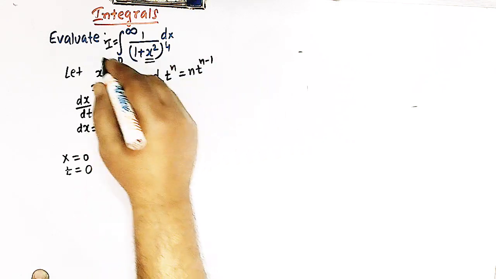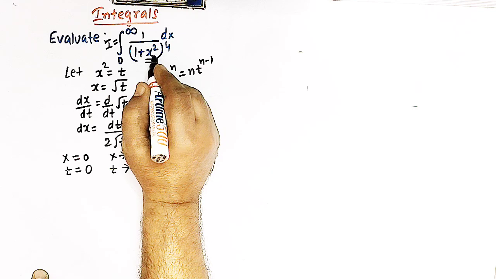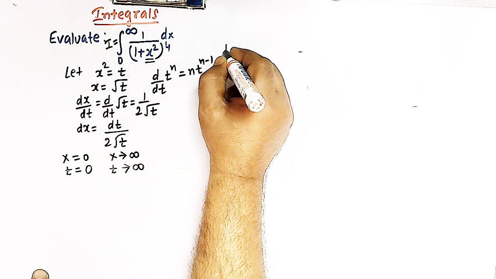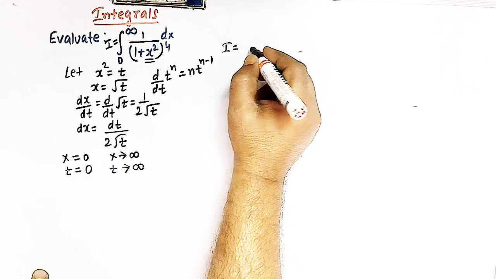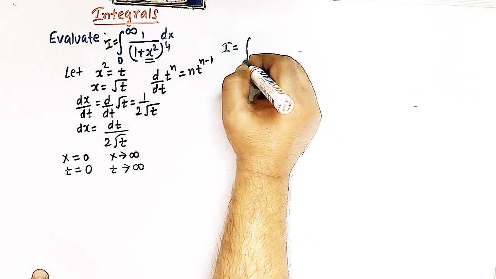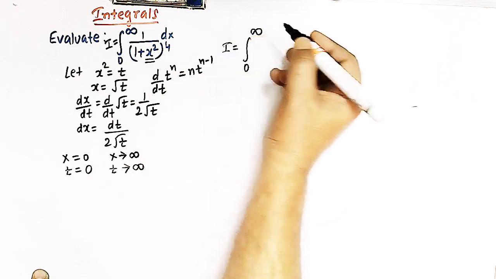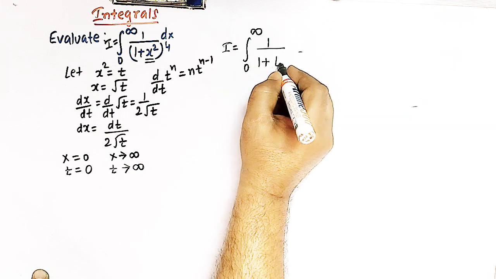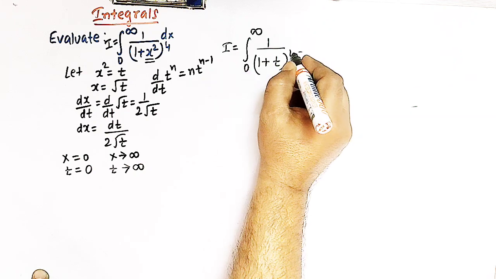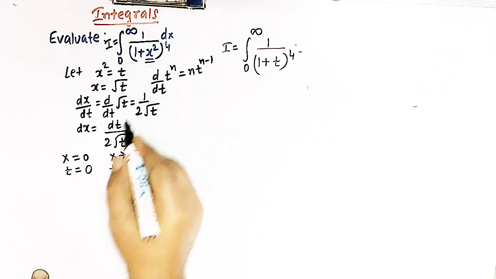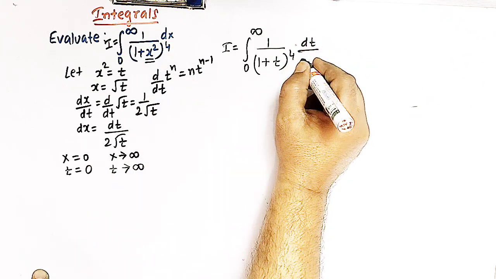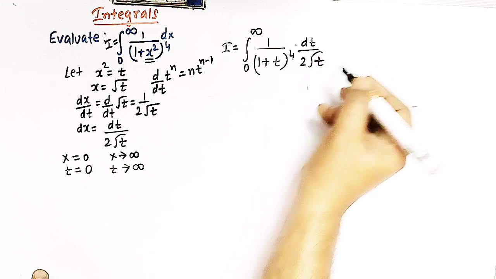So now let us change this integral into the terms of t. So we have this integral in terms of t as 0 to infinity, and here we have 1 over (1 plus t) raised to 4, and for dx we can now write dt divided by 2 times square root of t.